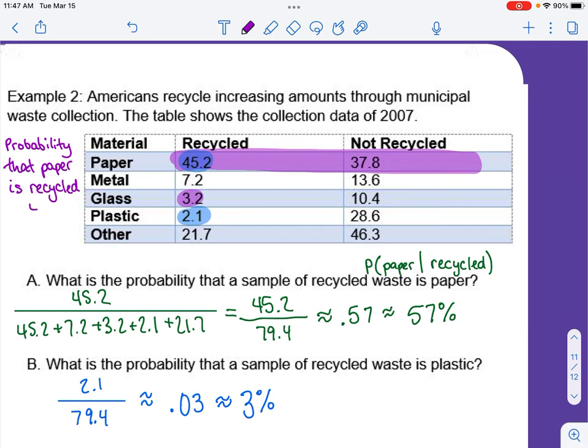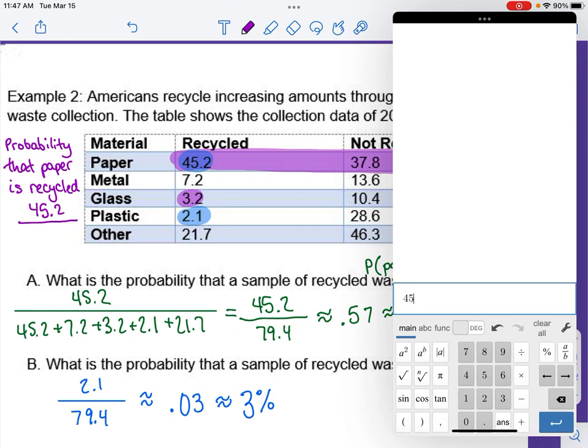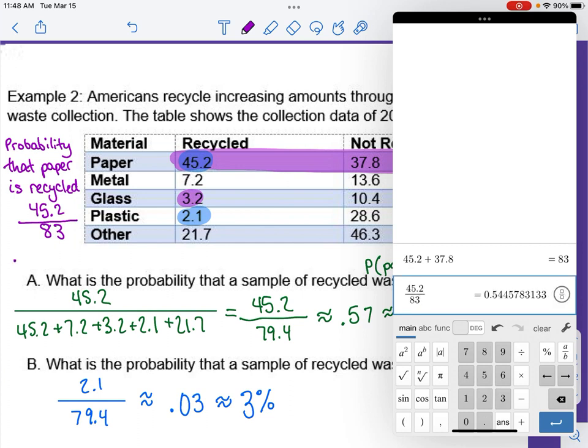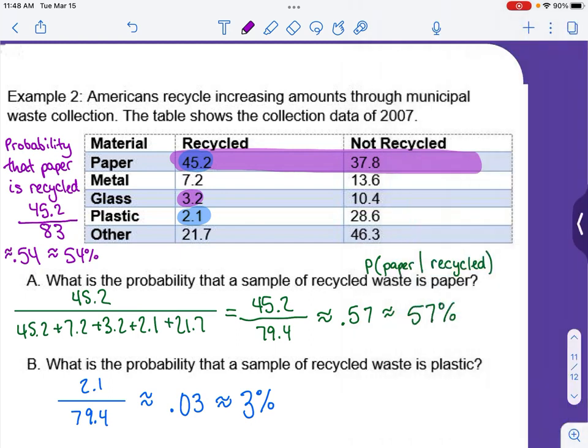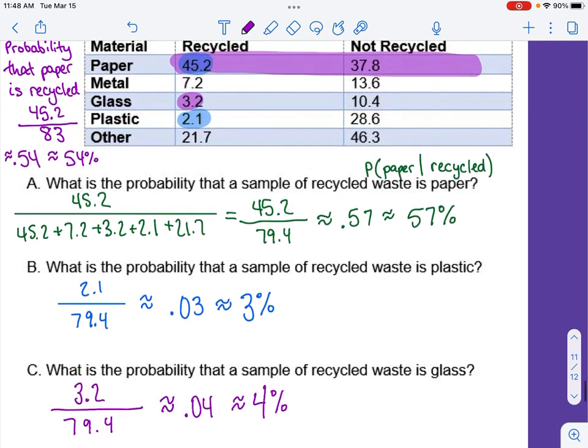So this would be 45.2 out of the total for paper, which I actually don't have. So we'll find that by adding, out of 83. And then you can find that as a decimal and as a percent as well. Okay, so that's how you can see the order changes if you're using a column or a row as your total. It's just how it's worded, so you just have to think through it.